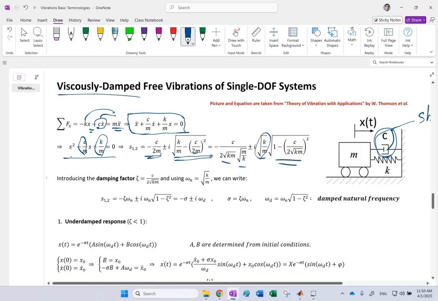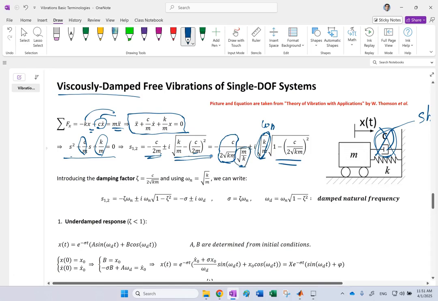Now, this square root of k over m is the natural frequency of the system from my previous lecture. This is the natural frequency of the system when there is no damping, correct? If c was 0, the natural frequency of the spring mass system is square root k over m, and this is 1 over that, basically, you see here.